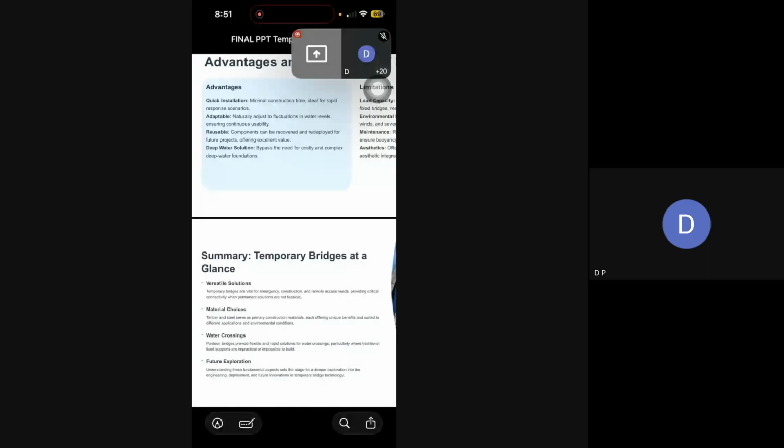Water crossing: pontoon bridges provide a flexible and rapid solution in water crossings, particularly where traditional fixed supports are impractical or impossible to build. Future exploration: understanding these fundamental aspects sets the stage for a deeper exploration into engineering, deployment, and future innovation in temporary bridge technology.